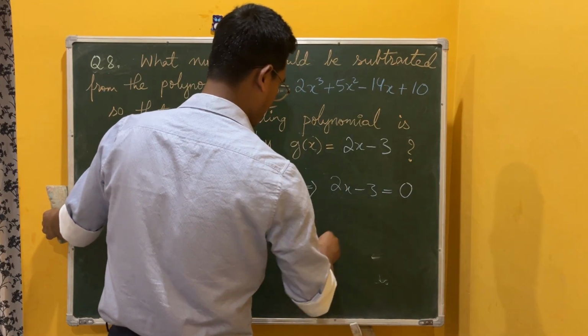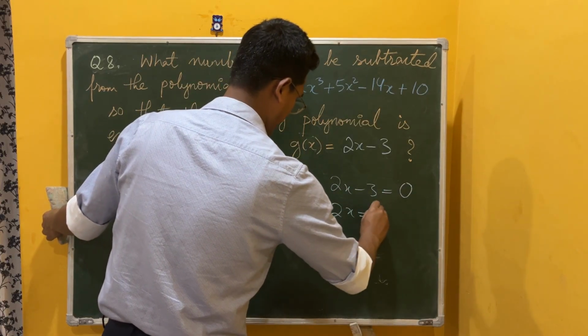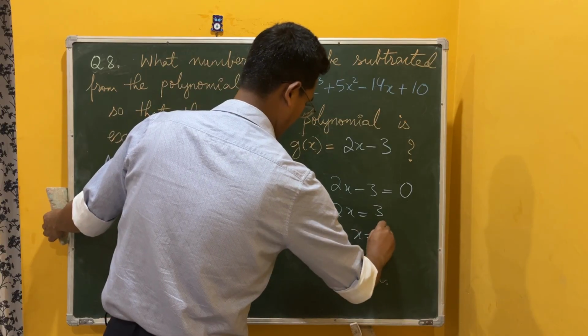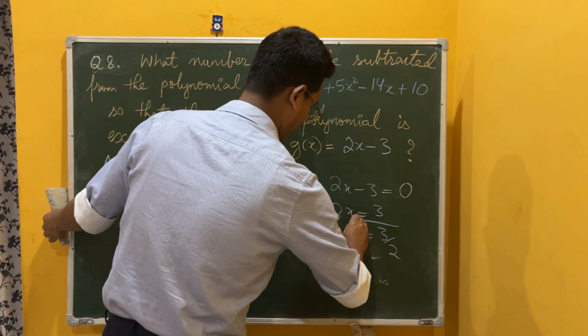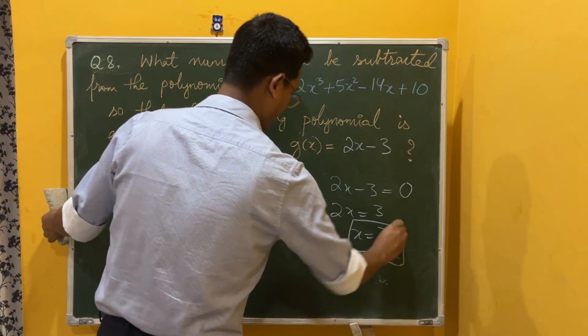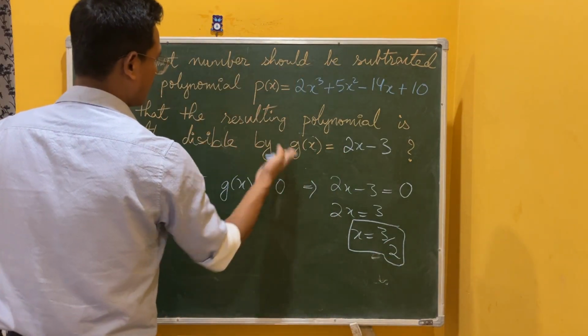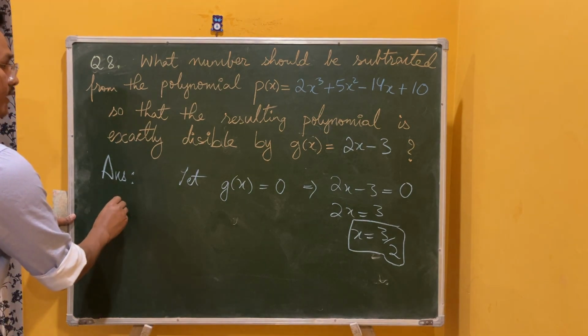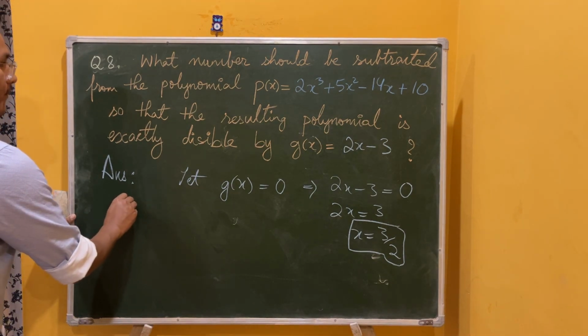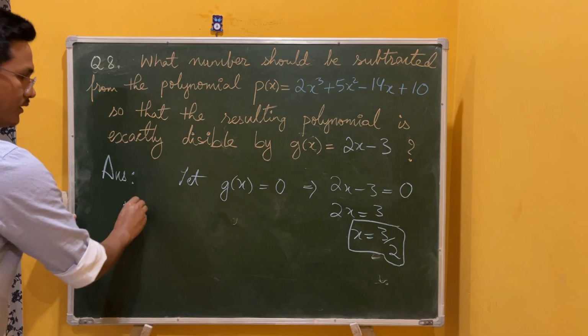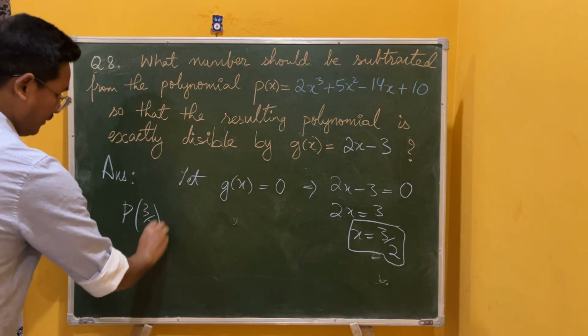If you solve this, you'll get x equals 3 by 2. So when we divide p(x) by g(x), the remainder is given by p of 3 by 2.